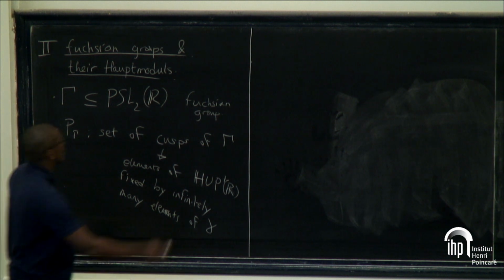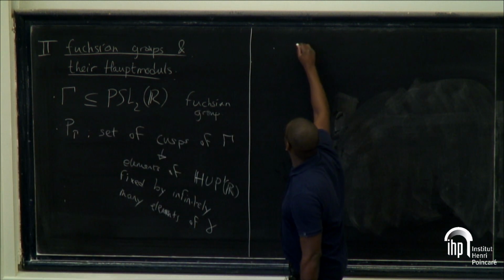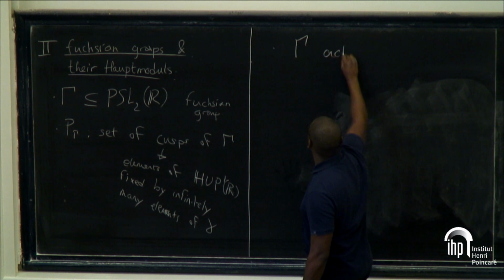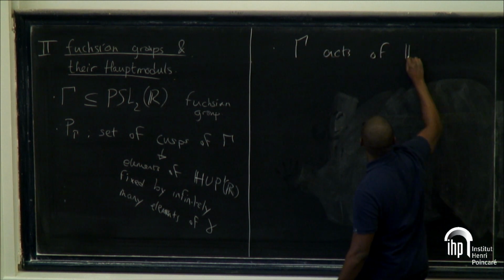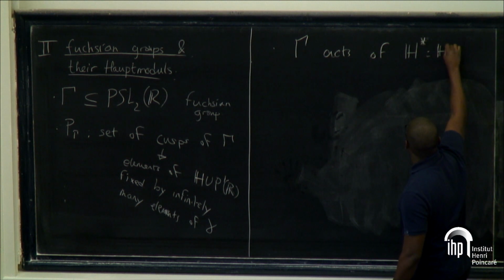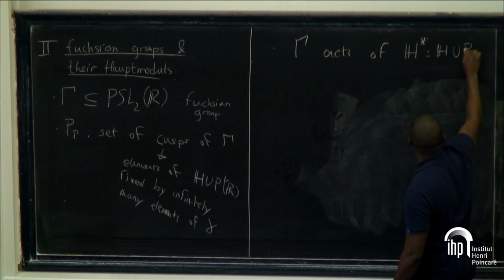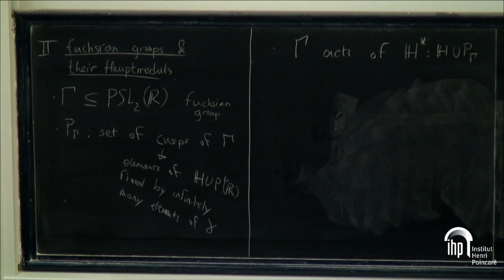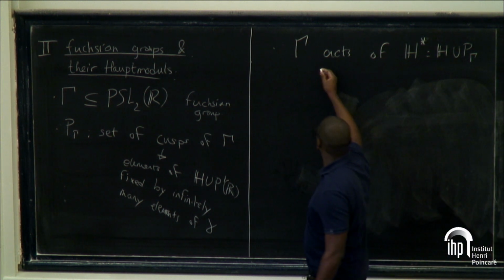So what we have is that gamma acts on H star by linear fractional transformations, as we've seen in Jonathan's talk.